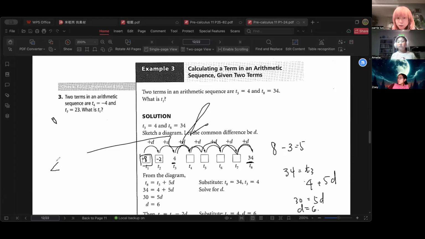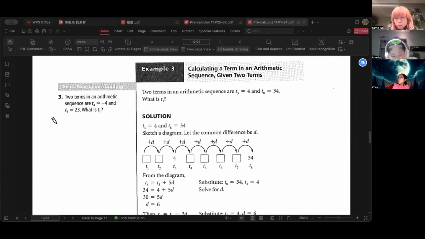Because term 3 is 2 differences compared with T1. So T1 equals T3 minus 2D. So T1 equals 4 minus 2 times 6 equals 4 minus 12 equals -8. Get it?